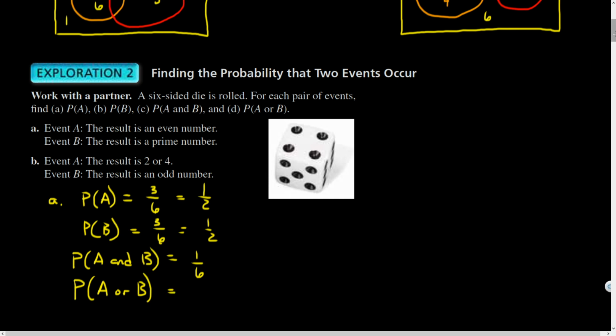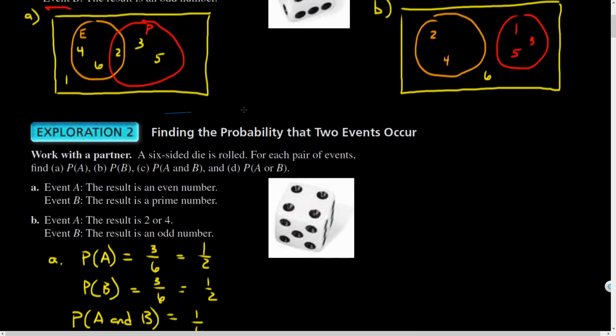Well, it would be all of this, and all of this. Now, the problem is I can't simply add all of the evens' probabilities. I can't take a half plus a half and get 100% because that doesn't describe it.